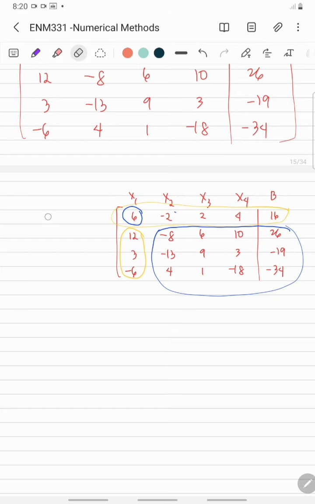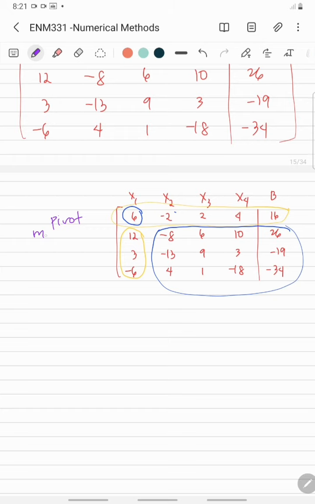Okay, I will write here a pivot because the first row contains the pivot element which is equal to 6, and for my multiplier as m, the first subscript designates the number of the row in which the element lies, and the second subscript designates the column in which the element lies.